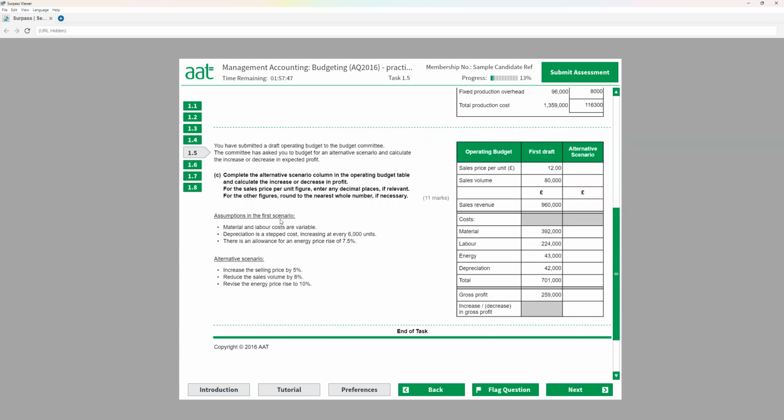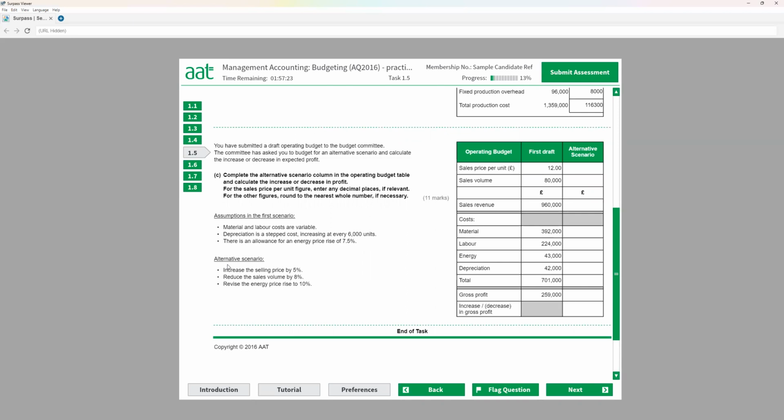The assumptions in the first scenario: material and direct labor are variable. Depreciation is a step cost, increasing every 6,000 units. There is an allowance for an energy price rise of 7.5%.